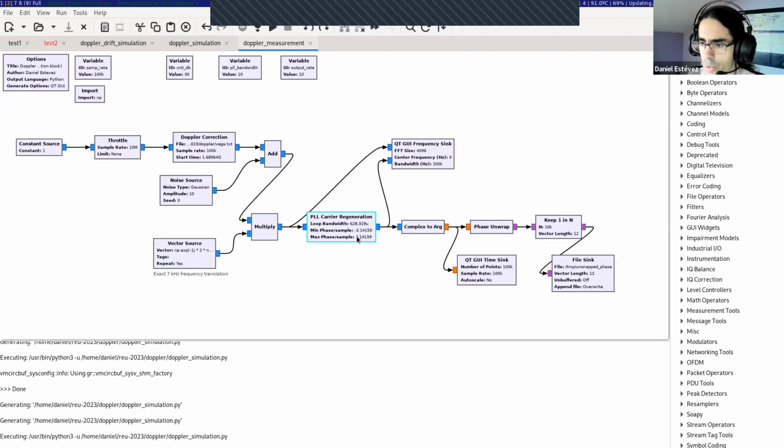And what we are going to do is to run a PLL to lock to the signal, and then we will measure the phase of the output signal of the PLL. If we skip the PLL and try to measure the phase of the input signal directly, we'll find that the phase is very, very noisy, and we are not able to get good results with the method. So we do need the PLL.